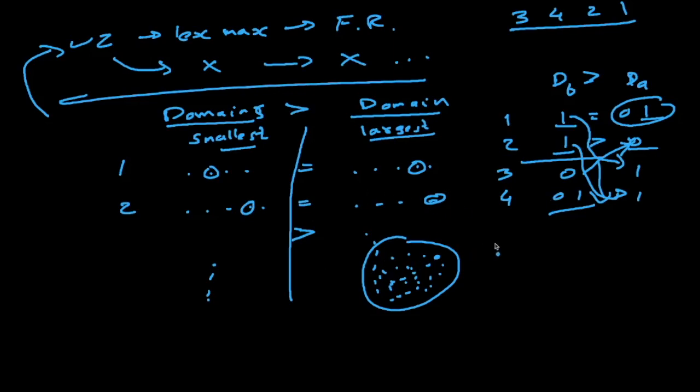So in other words, what this is doing is saying that a permutation G of domain of A is equal to dB, which we said is lexicographically larger than dA, right?